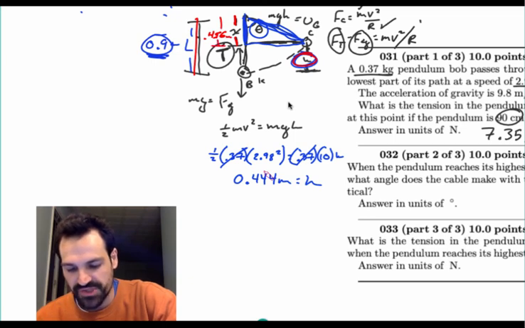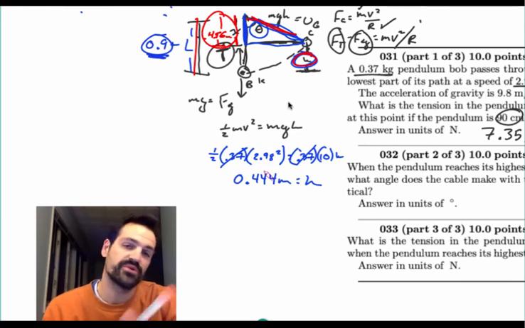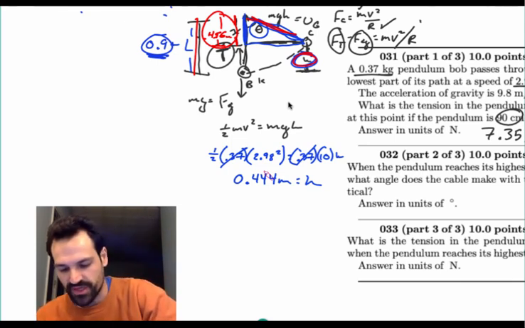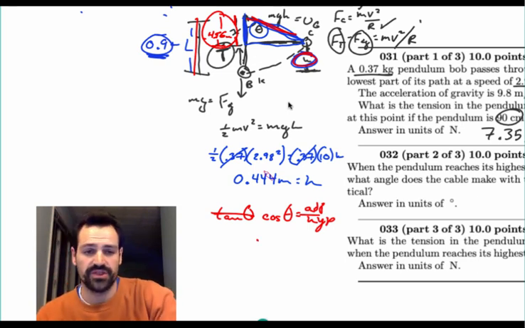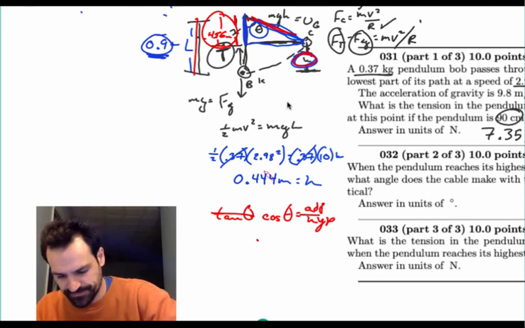Now that we have the adjacent side and the hypotenuse of 0.9 meters, because remember the hypotenuse is always the full length of the string, we can calculate theta using cosine theta equals adjacent over hypotenuse, which is going to yield a theta equal to about 60 degrees.